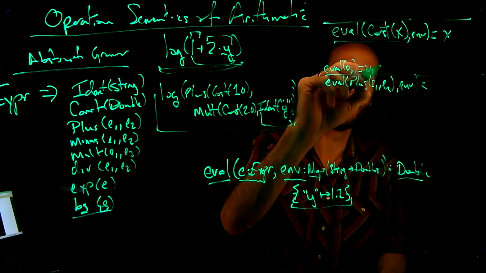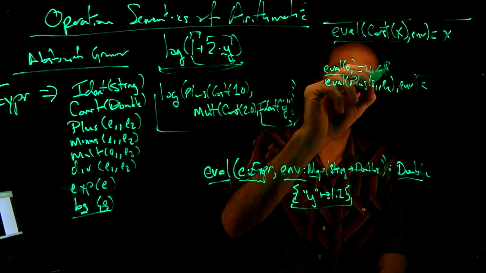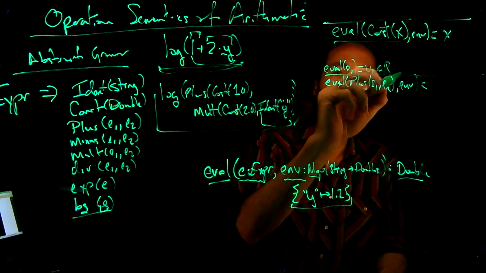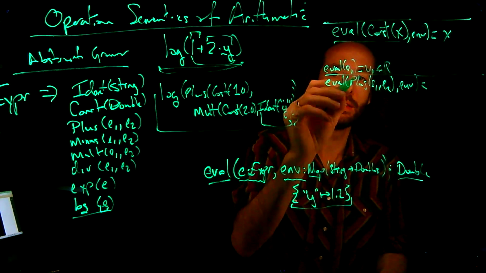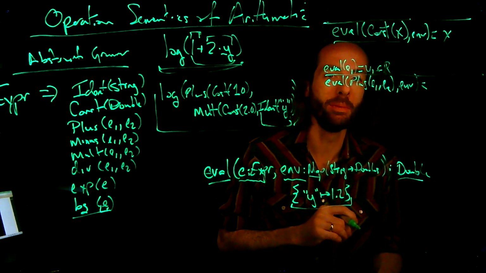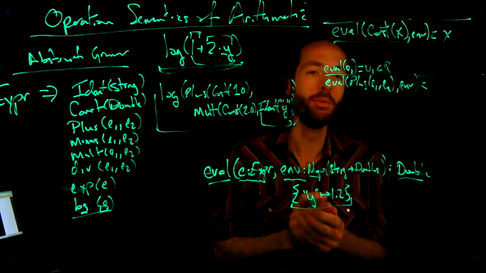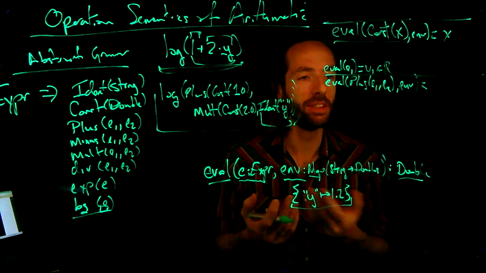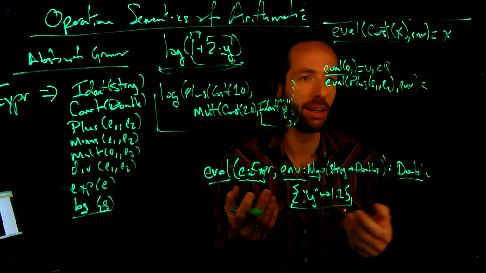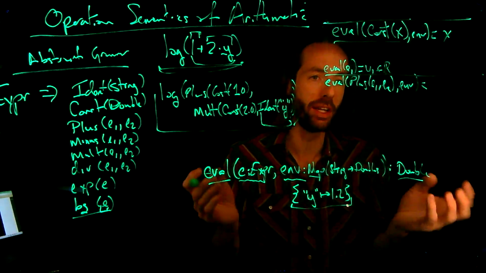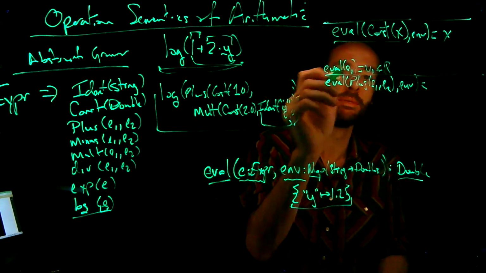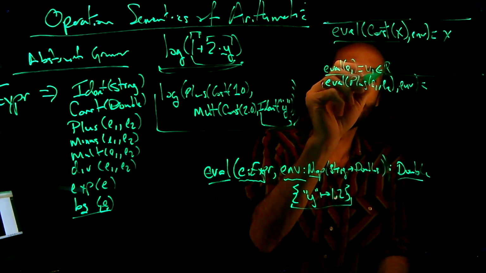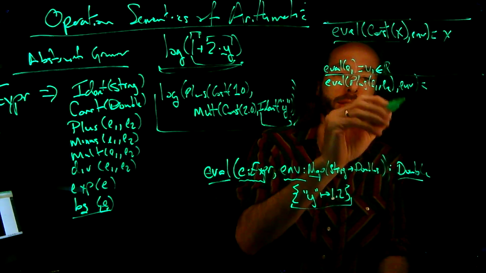Let's call that v1. And as long as that's a real number, a double, then we're happy with that, because obviously I can't add two numbers that aren't numbers. We'll see this with error cases, where we'll want to make sure that if an error comes up, we don't just start adding errors together unless we know that errors can absorb other errors. But it's always useful to point out that this needs to be a number.